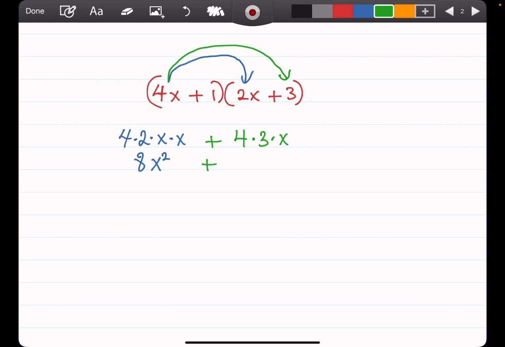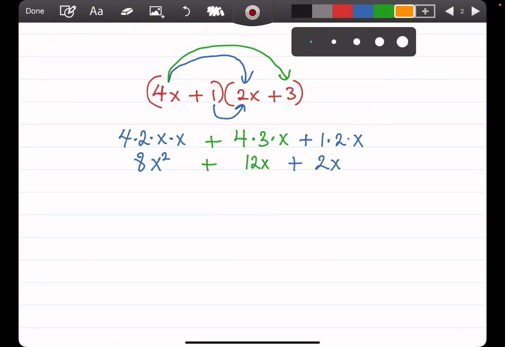Yeah, and that would be 12x. Okay. The next one, now we're going on to the inside. Which would obviously be 1 times 2 and x, which would be 2x. And then the last, this one would just be 3.